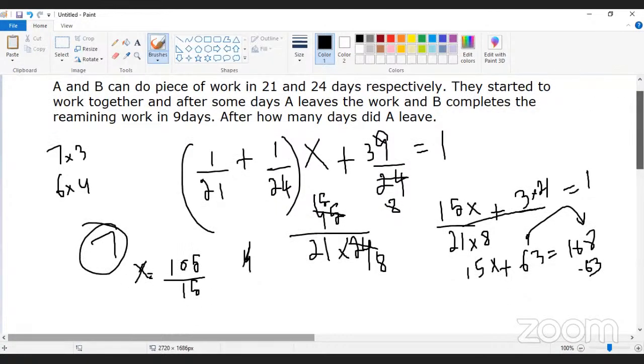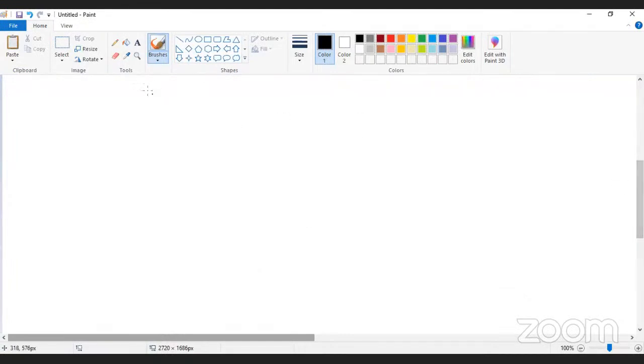The second method to do the same question. We have 1 by 21 plus 1 by 24. We don't know how many days have been taken up, because at the beginning they work for x days.